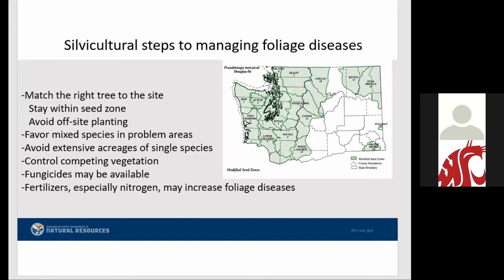And oftentimes the reaction for many is to fertilize these trees, the notion being that a more vigorous tree will be able to tolerate these diseases. But what we've discovered is that these fungi, which reside in the needles, often benefit from these applications, especially nitrogen-based fertilizers.